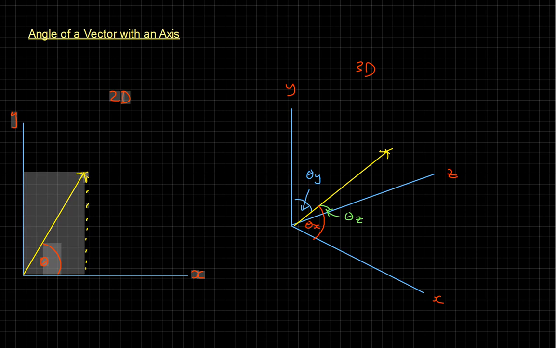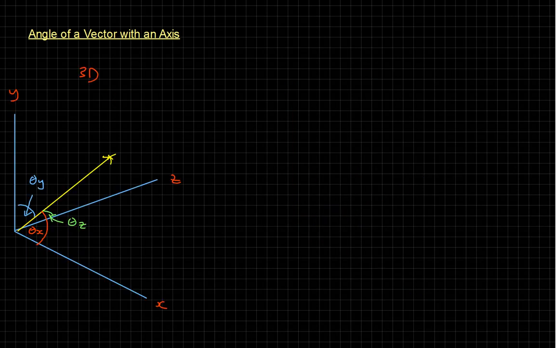Let's just make some space. Okay, so in general, for a vector, let's say position vector, going through the origin, in fact, we don't necessarily need to say position. The angle will still be the same.